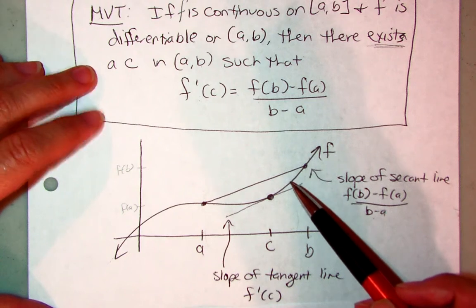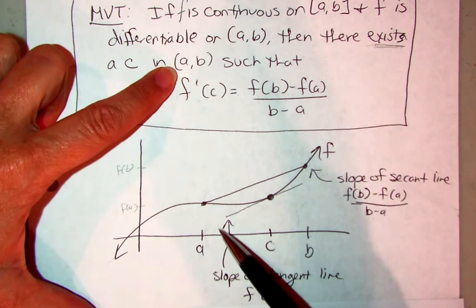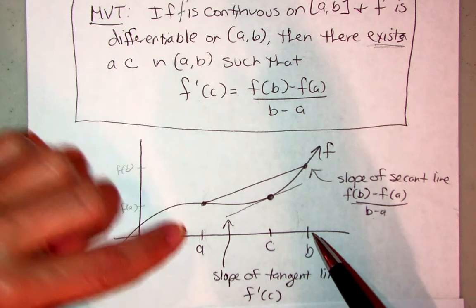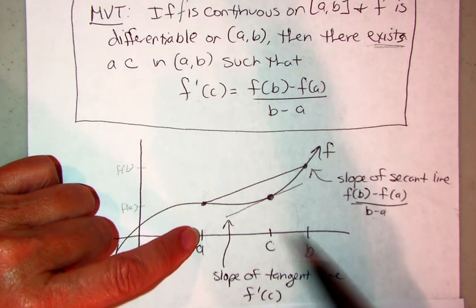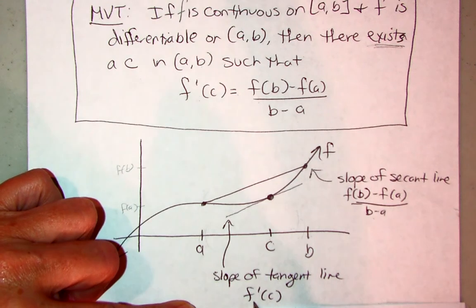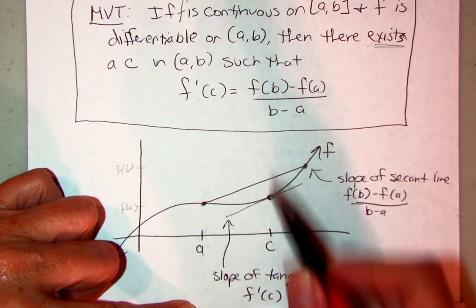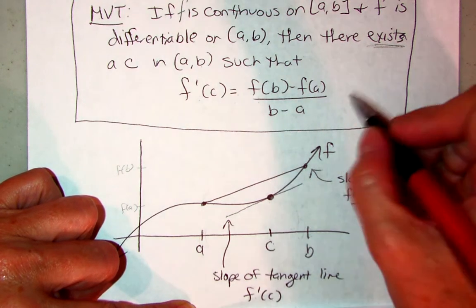So then, by the mean value theorem, there exists some c in the open interval between a and b, that means I cannot include those endpoints, but anywhere in between, such that the first derivative at c, in other words, the slope of the tangent line at c to f, is equal to, well, remember what this is.